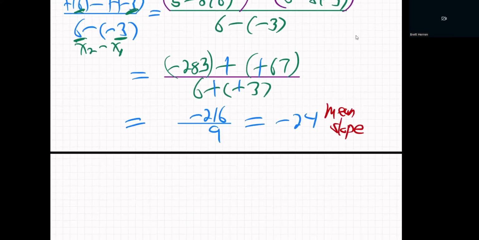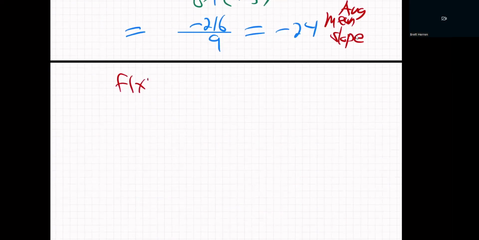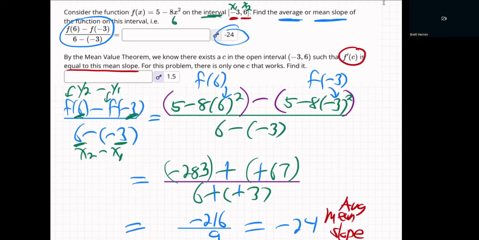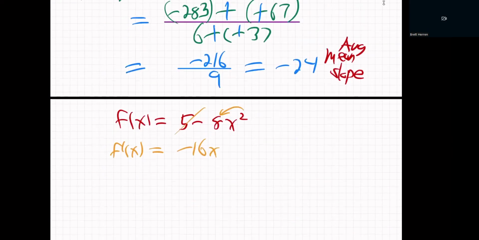So if I take the original function, 5 minus 8x squared, and take the derivative of it, I get minus 16x to the first.